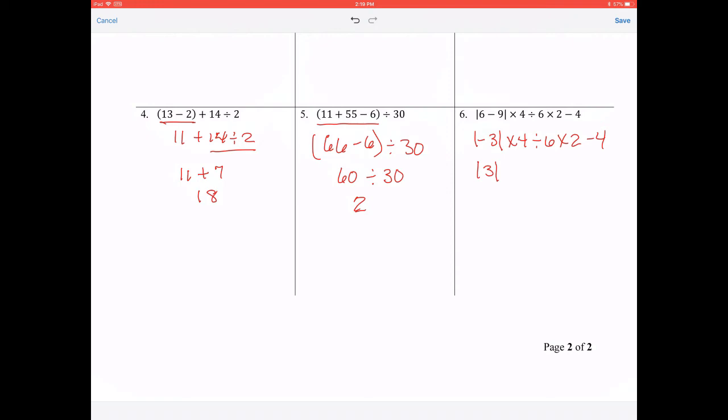So now that I'm actually taking the absolute values, I don't put the bars, I just take 3 times 4 divided by 6 times 2 minus 4. So now I'm going to do this multiplication that gives me 12 divided by 6 times 2 minus 4. 12 divided by 6 is 2 times 2 minus 4. 2 times 2 is 4 minus 4 gives me 0.